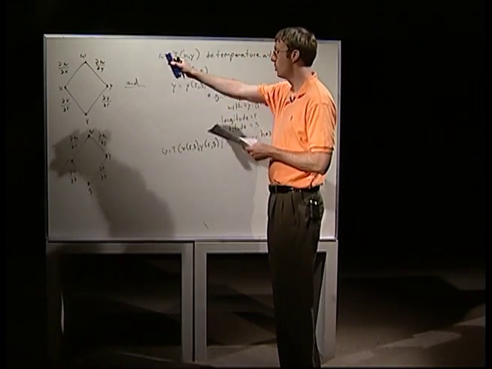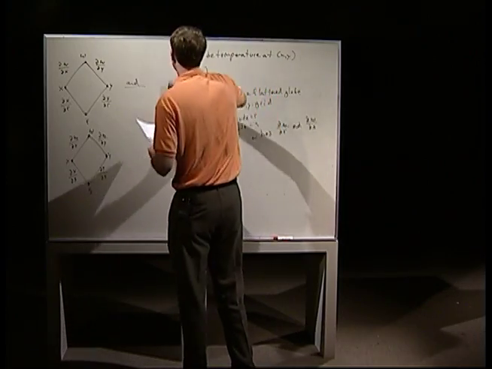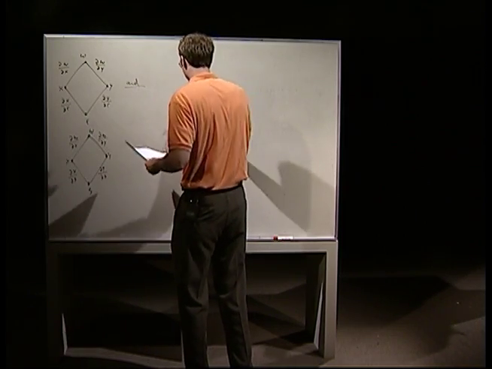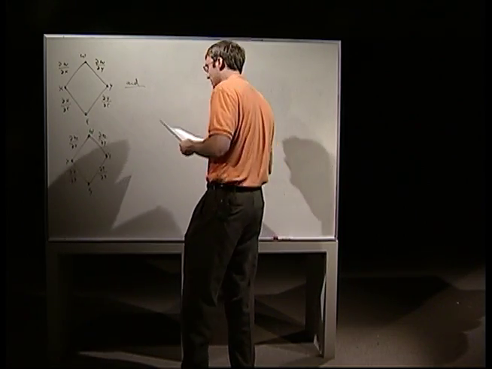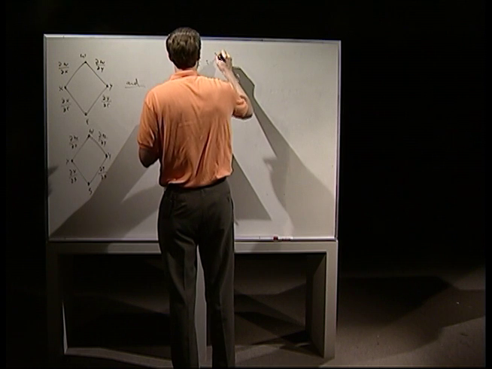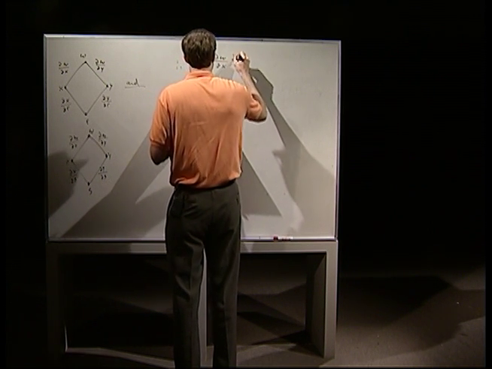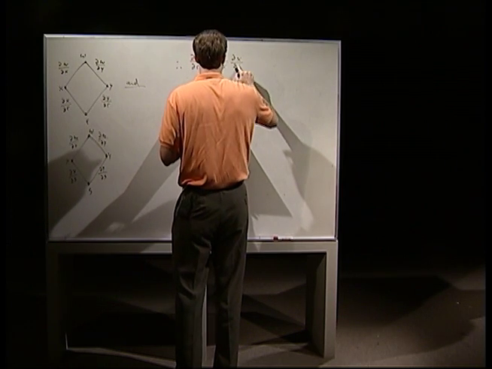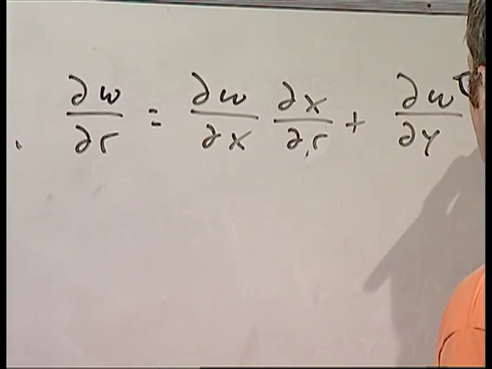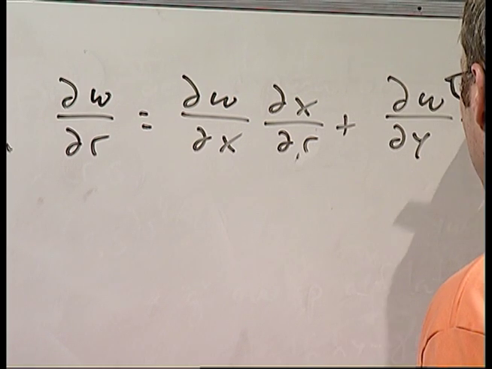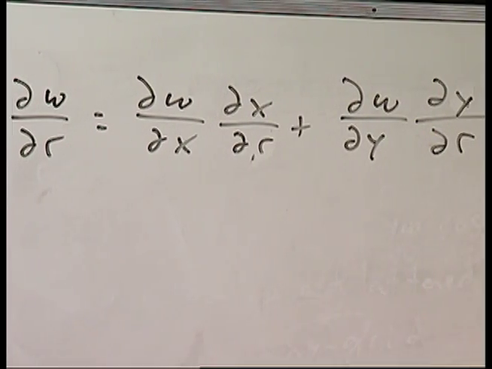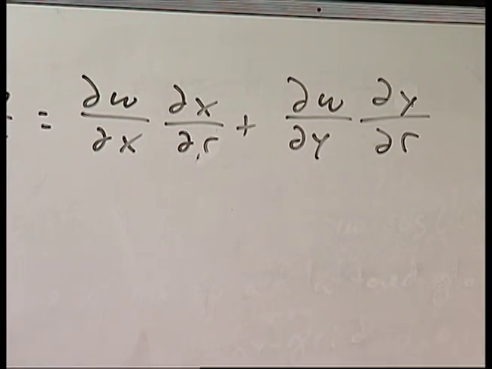And so these are two separate things that we have existing here, depending on which partial we're referring to. We're not going to combine the two of them. It doesn't make sense to do that. But we do have two separate partials. Right? So we know partial W partial R is partial W partial X, partial X partial R, plus partial W partial Y, partial Y partial R. So that's the first diagram.